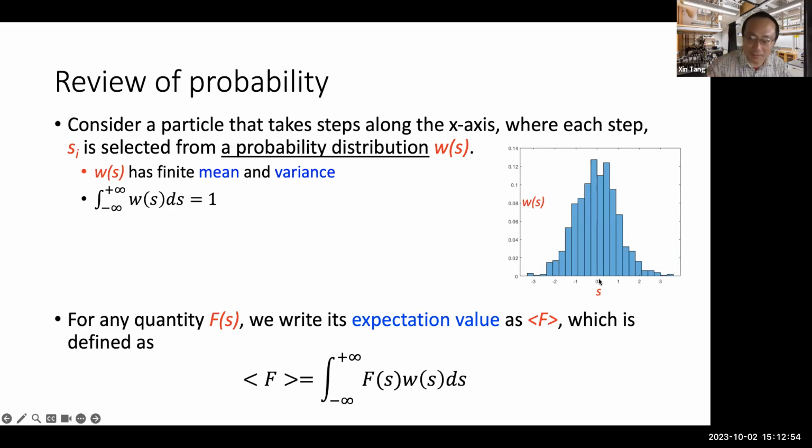Or the step size can be 1, and then the corresponding probability is around 0.7. For the particle to take larger steps like 2, 3, 4, the probability goes down because the particle has a certain limitation.